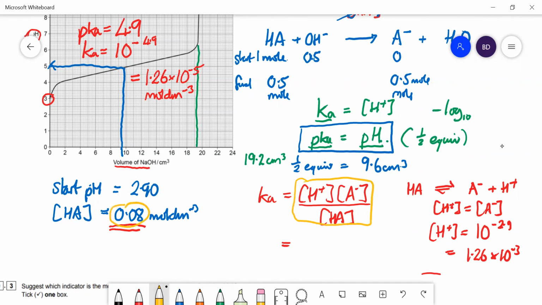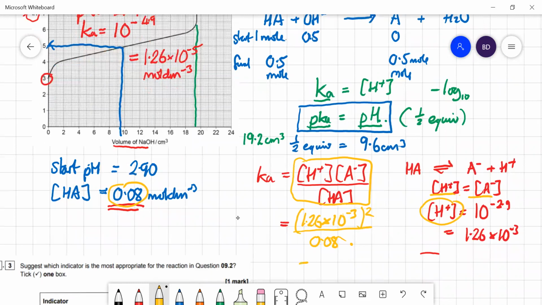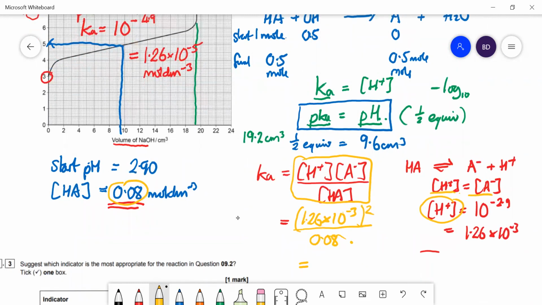We're going to get 1.26 times 10 to the minus 3 squared, because the concentration of H plus is equal to A minus, and divide that by 0.08, and that gives us an answer of 1.98 times 10 to the minus 5.